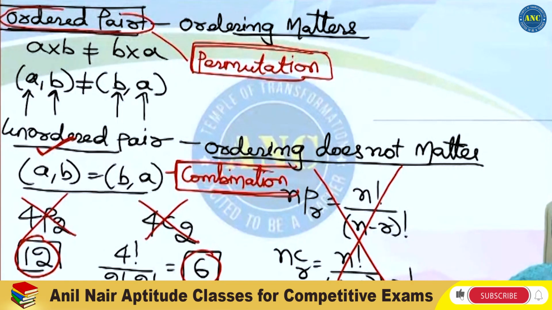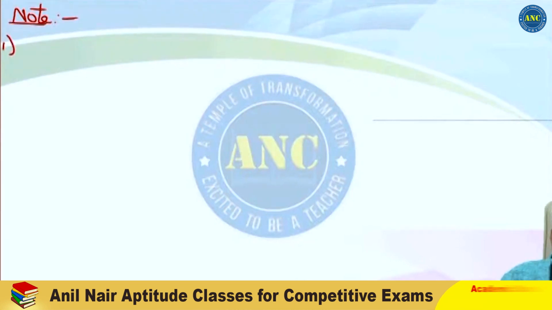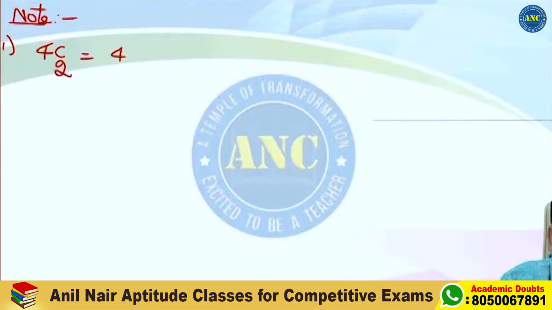Now, a very, very important point. Note. Suppose it is 4C2. 4C2 is nothing but 4 into 3 by 2, which is 6.